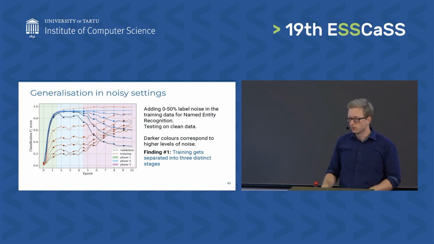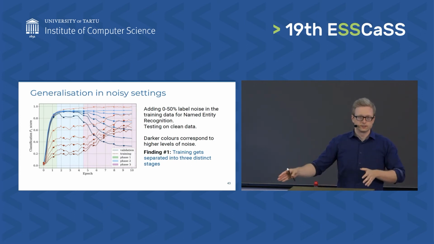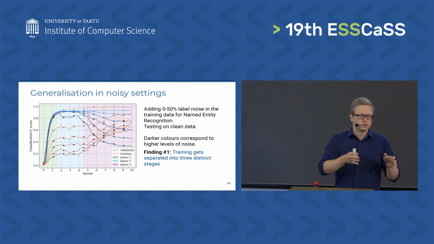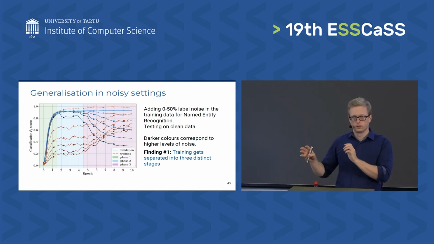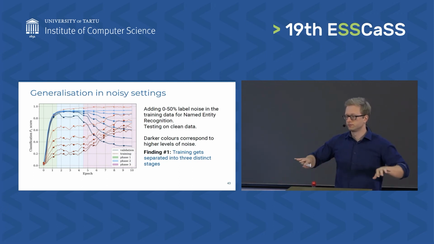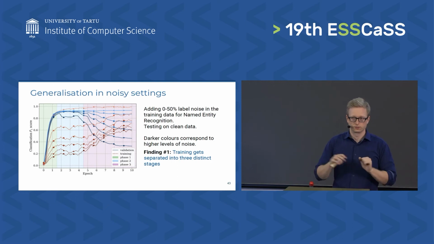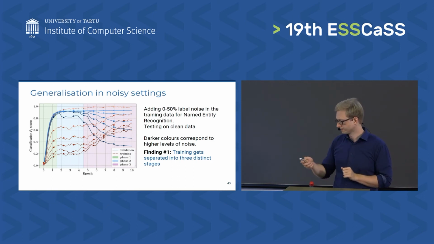Here we see that these models have a fairly clear separation between when they learn general patterns and when they learn individual data points. And there's a margin of several epochs between those in the training process.